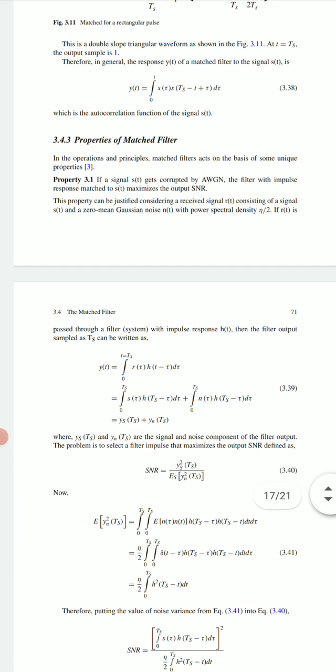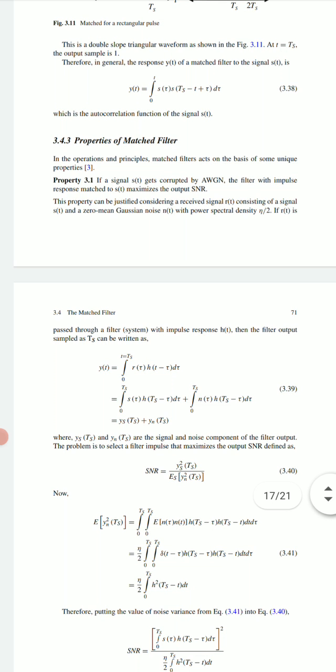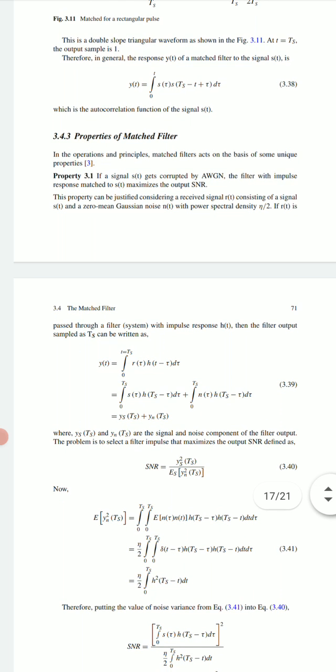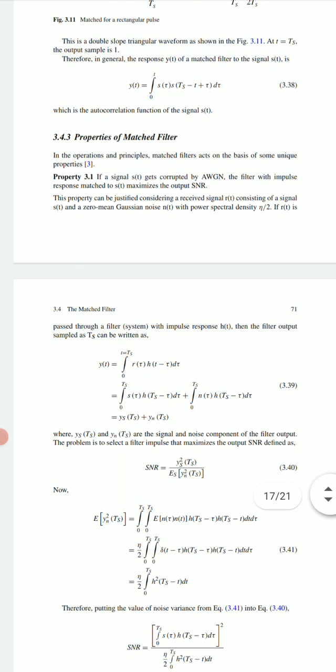If r(t) is passed through a filter with impulse response h(t), the filter output sampled at Ts can be written as y(Ts) = integral from 0 to Ts of r(tau) h(Ts - tau) d tau.